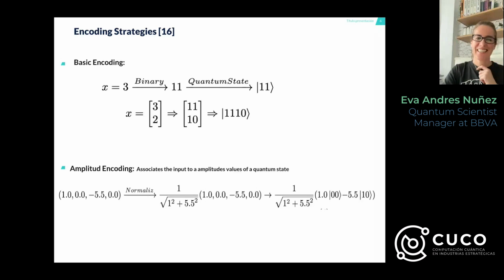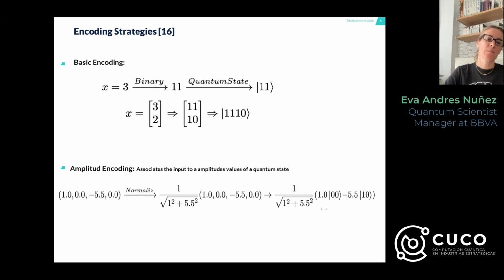So, relating to the encoding strategies, we can find several methods. The most important are the following. For example, basic encoding is the easiest, but has the problem of efficiency because you need as many qubits as the highest value in your data set.